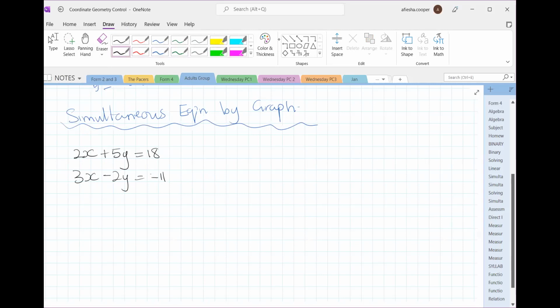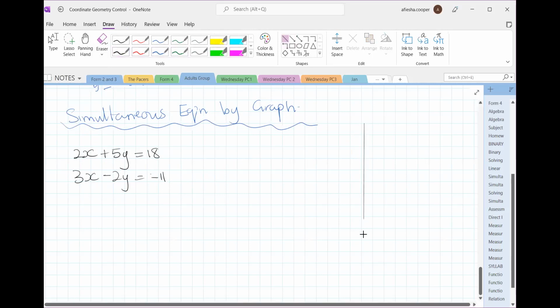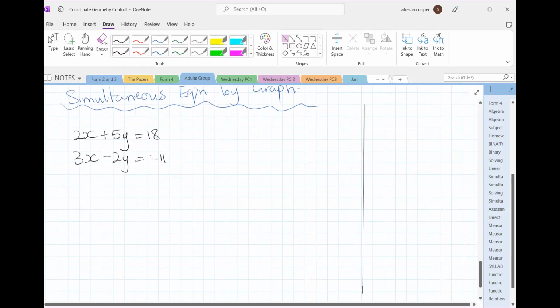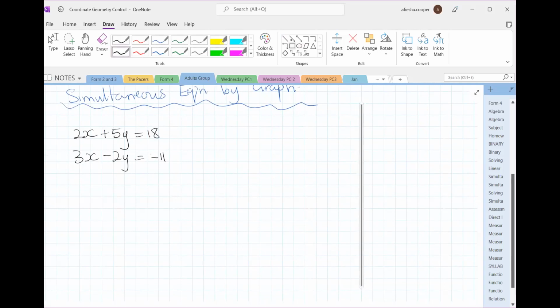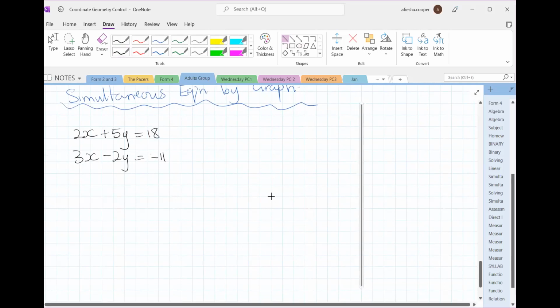So again, if we're going to solve this for the point of intersection on a graph, what do we have to do? Get the coordinates. So we're going to plot the two graphs and see where they intersect, right?